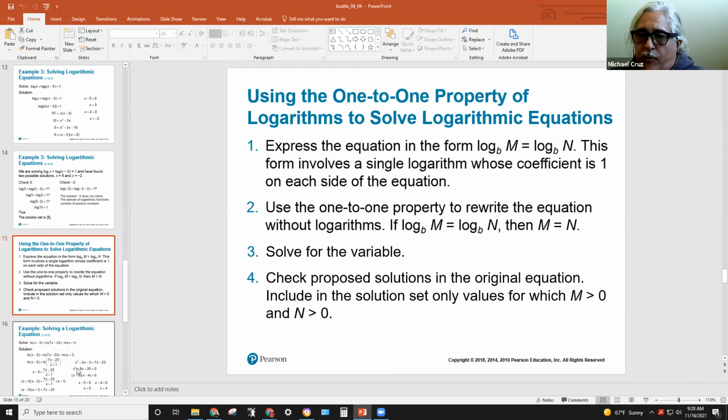All right, now this one-to-one property is very similar to the first property we started with, except this is for logarithms. So express the equation in the form log b of m is equal to log b of n. They both have to have the same base, same type of logarithm.